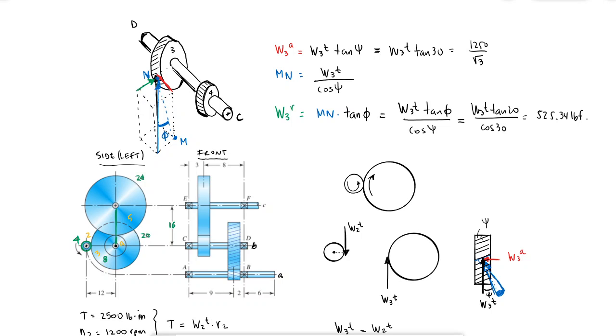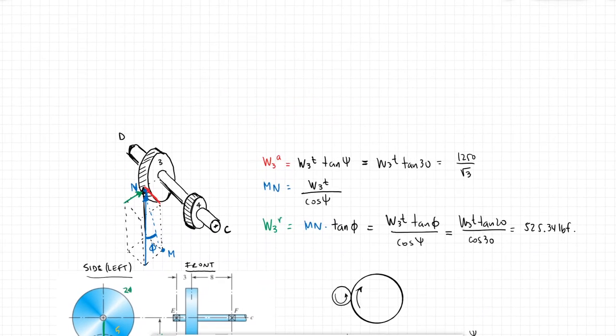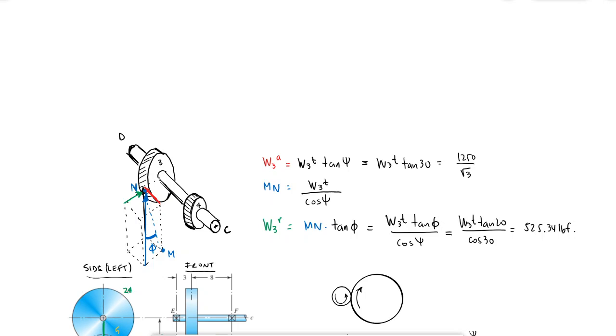Now, if I draw this same shaft from the side, so from the positive x, I'm going to give some values to this, z and y.